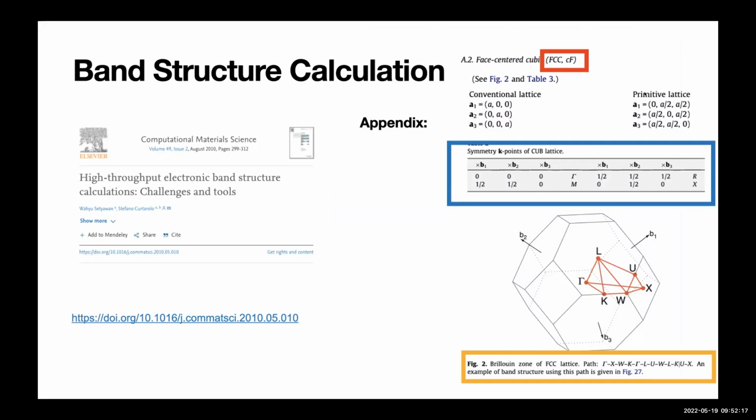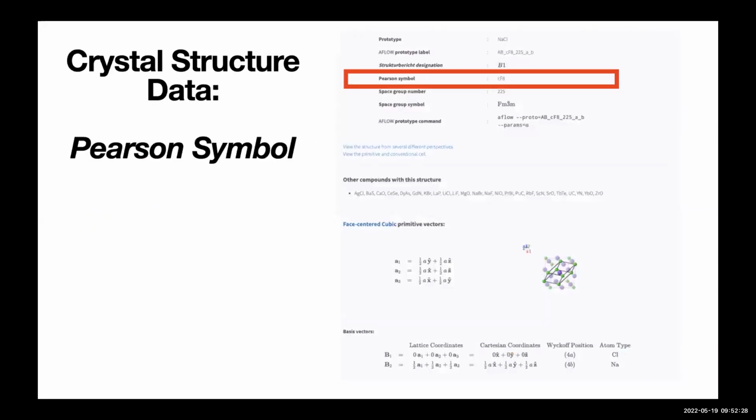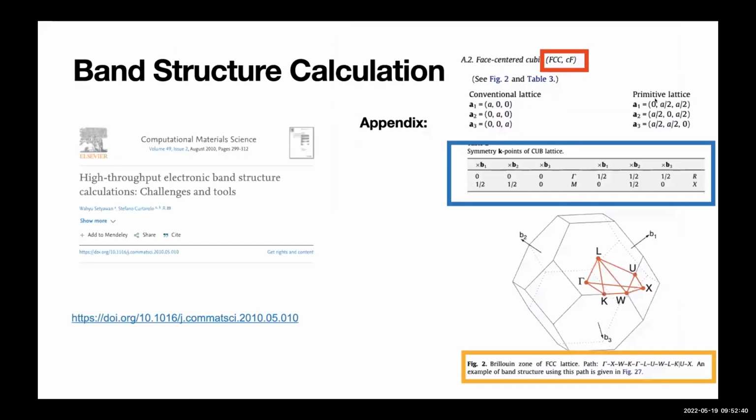Under this section, it provides us the primitive lattice, and you can also find this information on this page, where they name them primitive vectors, A1, A2, A3, in this vector format. And on this page, they have it in matrix format, but it's the identical thing.